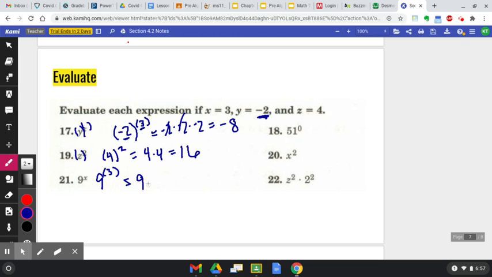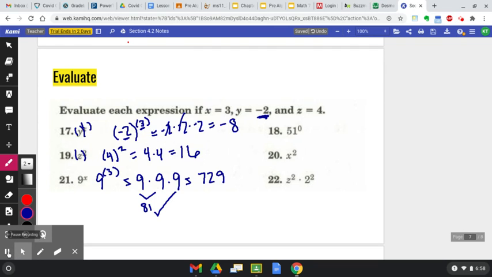So that would be 9 times 9 times 9. And we get 9 times 9 is 81. 81 times 9 should be 729. All right, and again, calculator, make sure you can compute that. And I want you to work on the evens. So pause here and work on 18, 20, and 22.